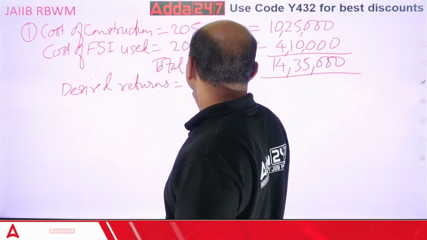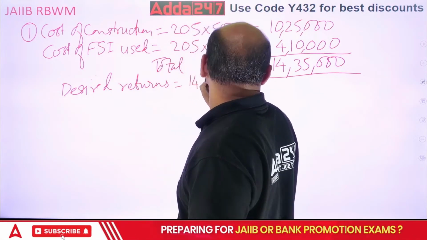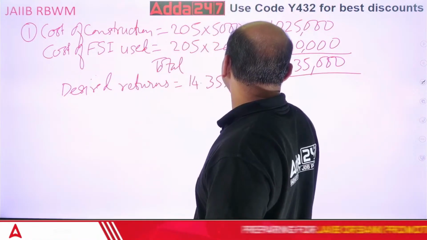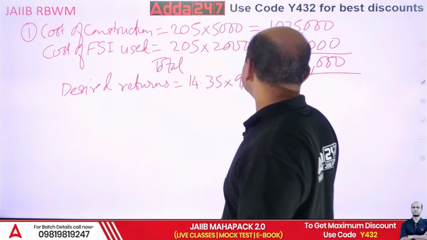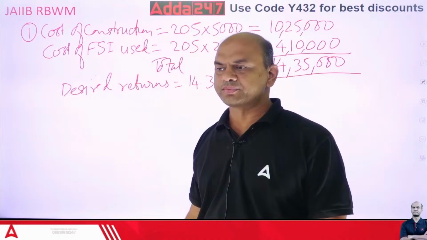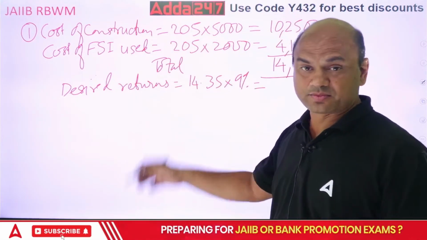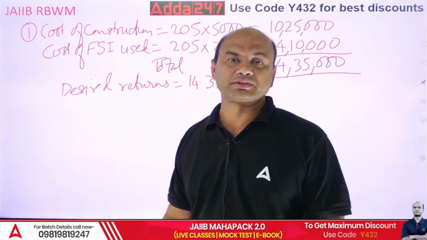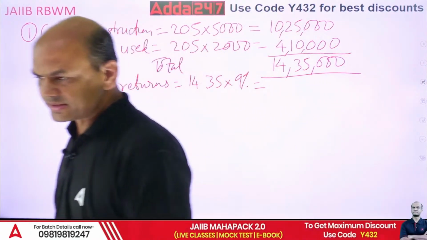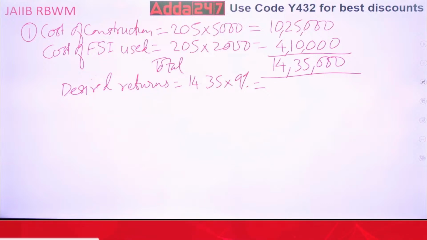I'll just write the short form now. 14.35 into 9%. What is the answer? What is my expected return? This becomes 1 lakh. Multiply this. You get the answer first. I will also do it on the calculator, everyone.